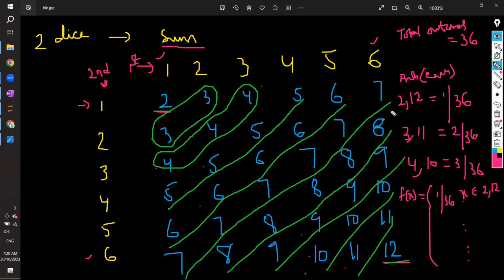When 2 comma 12, our probability is 1 by 36. I'm writing a mathematical function. And now my probability can be 2 by 36 when my x belongs to 3 comma 11. Getting it, guys? Are you able to understand?